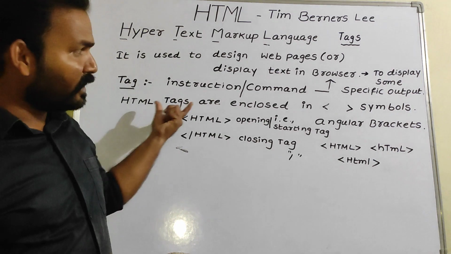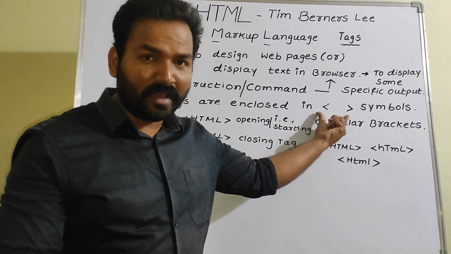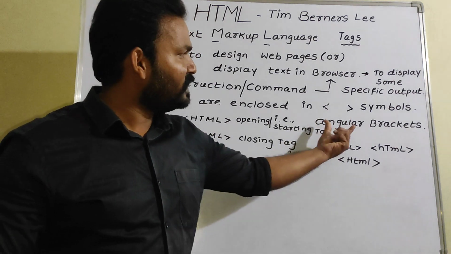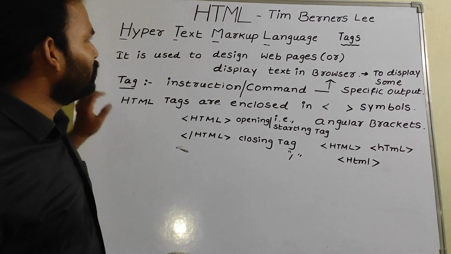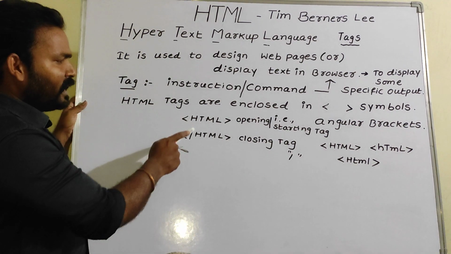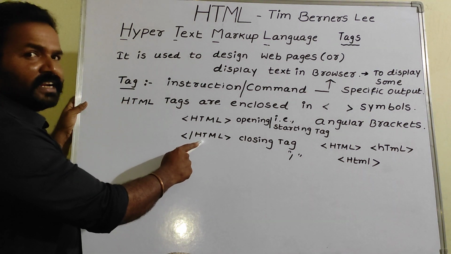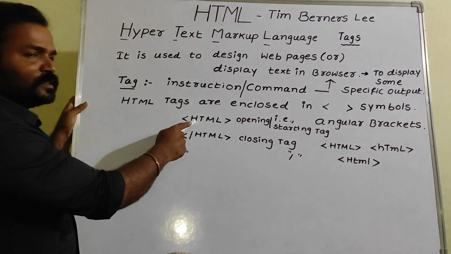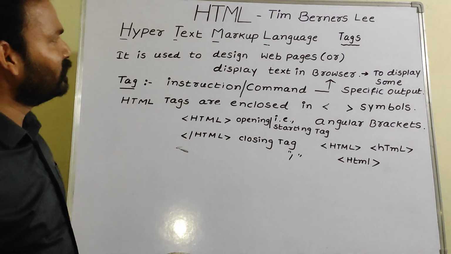HTML tags are enclosed in less than and greater than symbols, that is angular brackets. So this is the opening or starting tag, and the closing tag. The closing tag is always the same as the opening tag but with a forward slash.